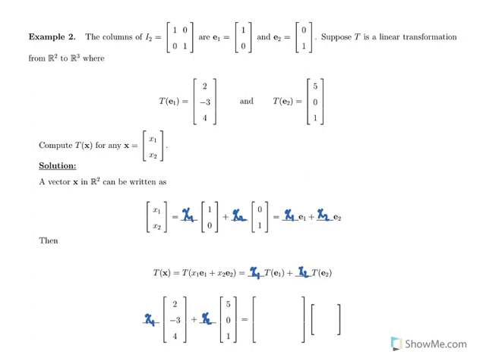So this is some vector equation. We can write it as matrix multiplication by just putting this as the matrix with columns (2, -3, 4) and (5, 0, 1) times the vector (x1, x2). Or we can think about this as a matrix A times x.